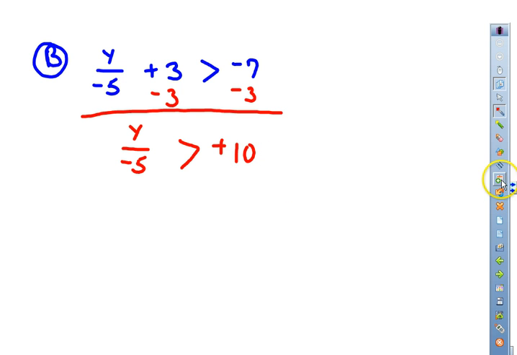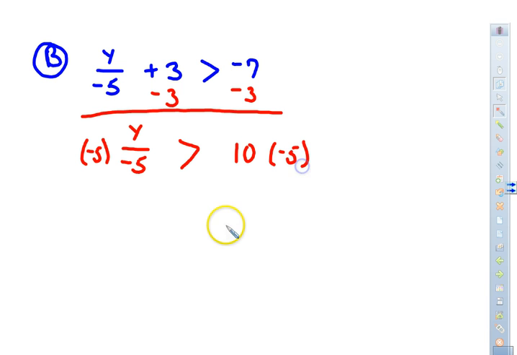And you don't have to put that positive sign on there. You can get rid of that if that helps you. So now, since this is a division problem, we have to do the inverse, which is multiply by negative 5 to both sides. And since it is a negative 5 that you're multiplying by, this sign has to be reversed.